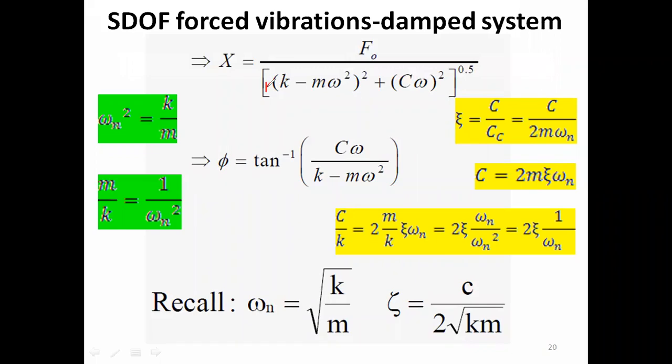So k square here, and this would become 1, and this would become m by k. Similarly, I'm taking k common here. Here we have a square, so k square would come here, and this would become c by k.